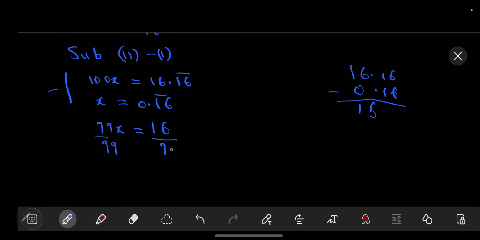This means that our x value should be equal to 16 over 99. Since we do not have any common factors, it simply means the number 0.16 bar expressed as a over b is equal to 16 over 99. So that's how we go about that.